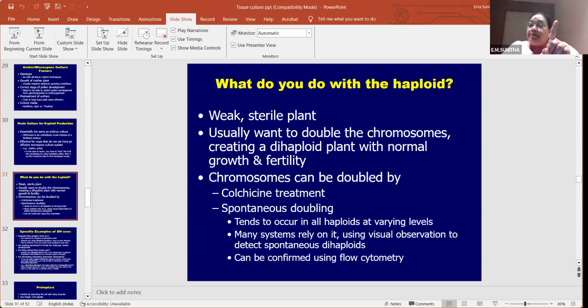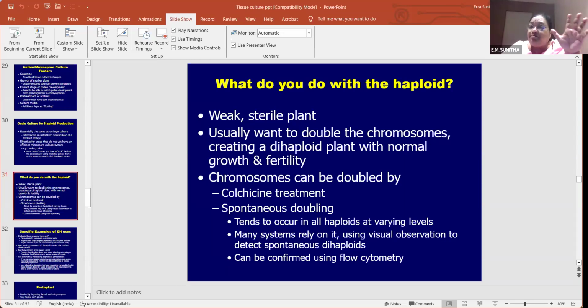But this haploid itself you are doubling, using colchicine. That's why it is called dihaploid, not diploid. You have to keep that in mind. If you give colchicine treatment to haploid plants and doubling takes place, do not write diploid, because you don't have heterozygosity there.